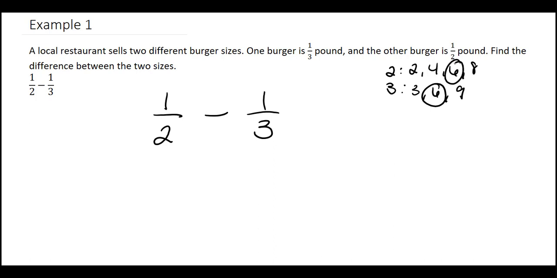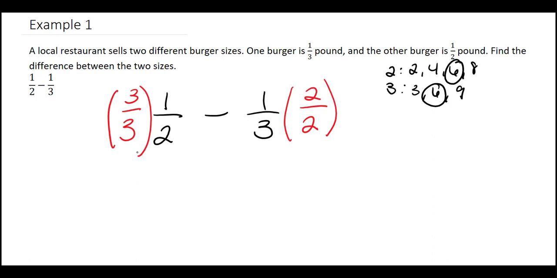Because we want to have the least common denominator between the two in order to subtract, we're going to multiply the second term by 2 over 2, and then the first term by 3 over 3. We do 3 over 3 because it's really just multiplying 1/2 by 1. 3 times 1, we multiply the top, we get 3, and then we put it over 6.